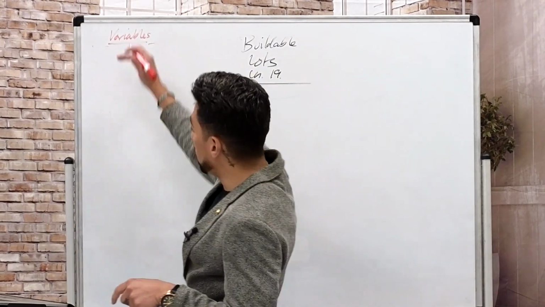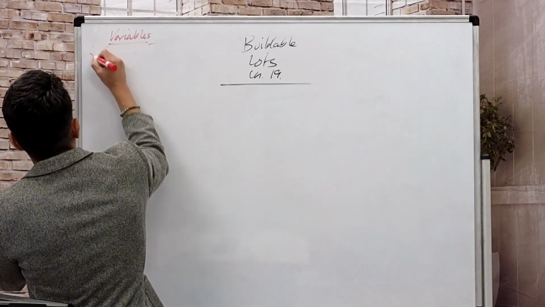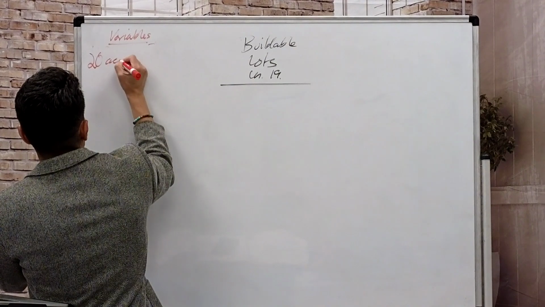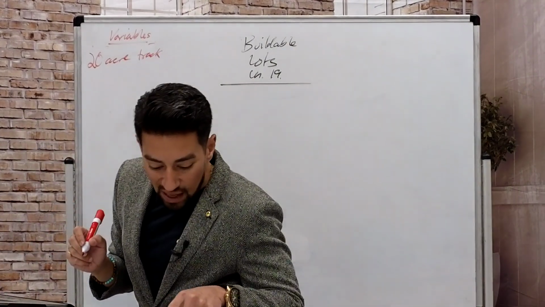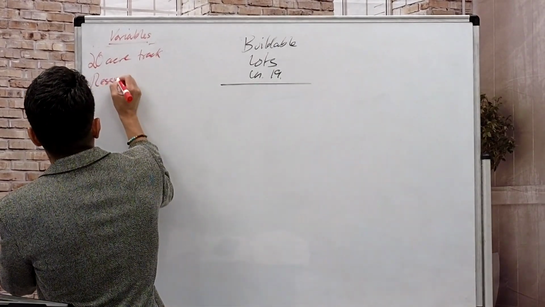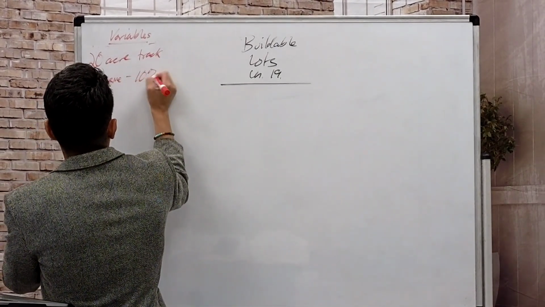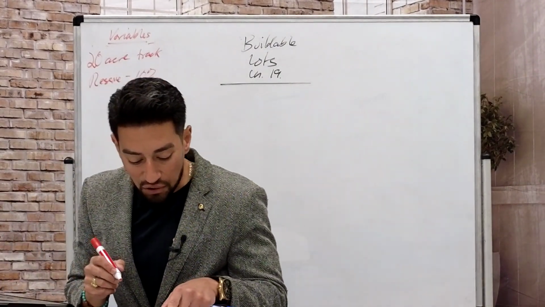So again, let's go ahead and write our variables. They tell us that we have 20 acres. We have a 20-acre tract. They're also telling us that we have to reserve 10%. So reserve or set aside 10% for roads and streets and everything else.